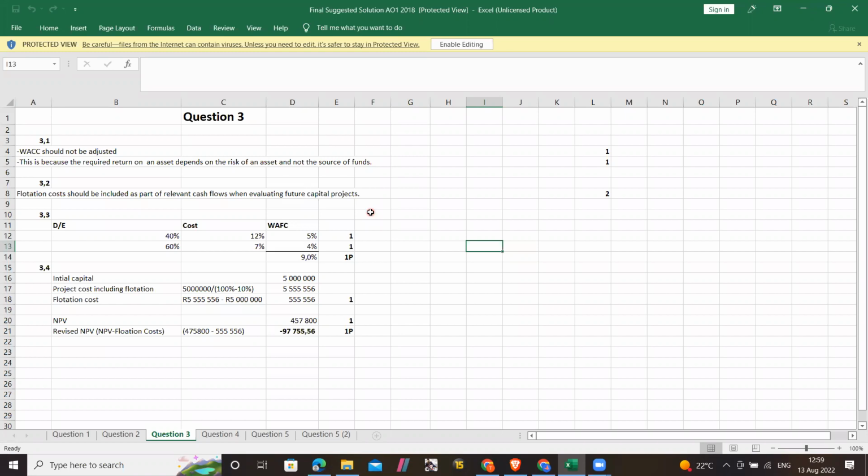You incur them when you are getting these sources of finance, so you're expecting to see this cost at inception, at the beginning of that project. That's why they're not included in the WACC. However, they must be included as relevant cash flows for that specific capital project, because you are paying them at the beginning, so they will be there at year zero.